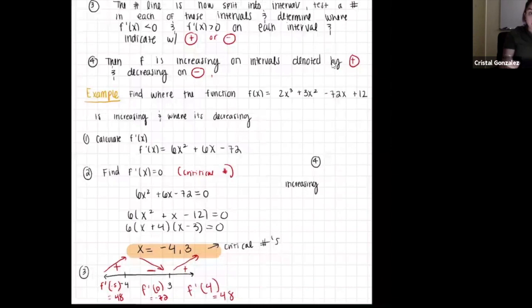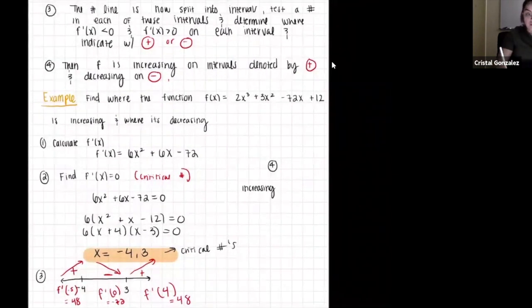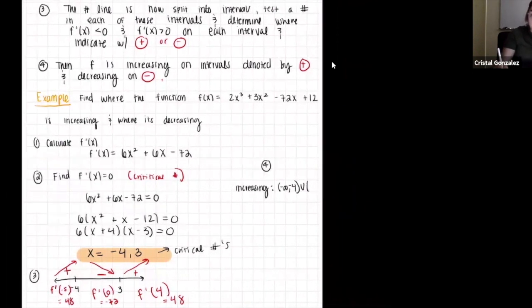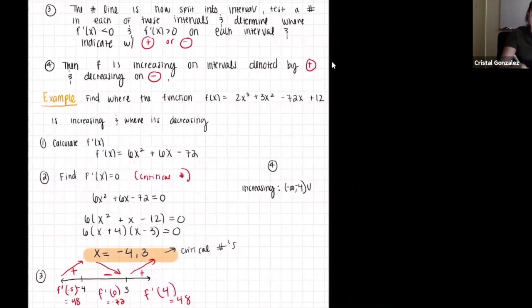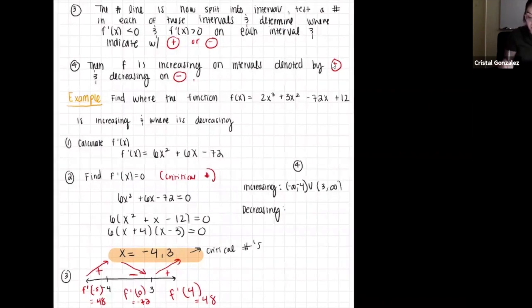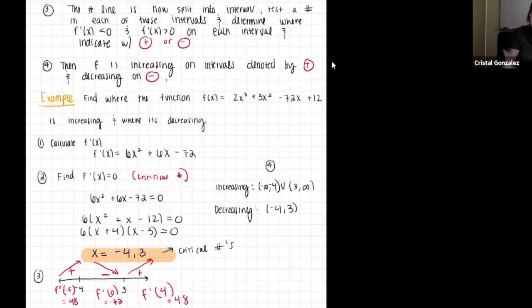So it's going to be increasing from -infinity to -4, sorry, union with 3. Let me move this a little bit over so I don't get all squished. Union 3 to infinity. And then it's decreasing in that little middle area between -4 and 3. Perfect. And so that's our answer.